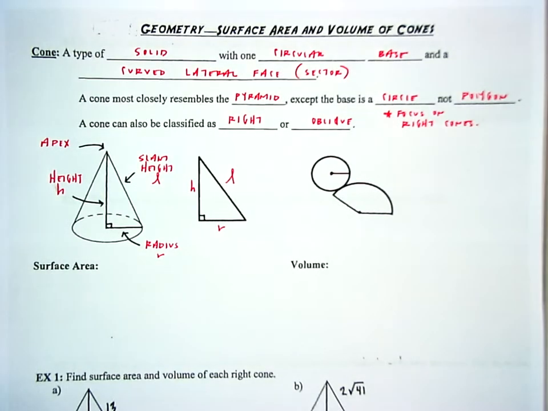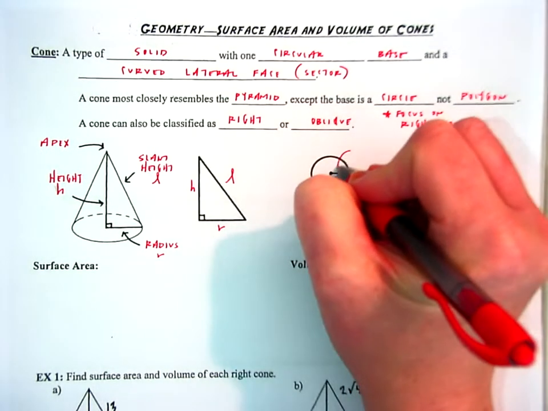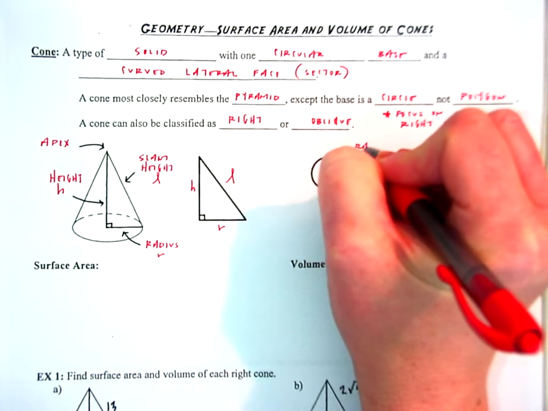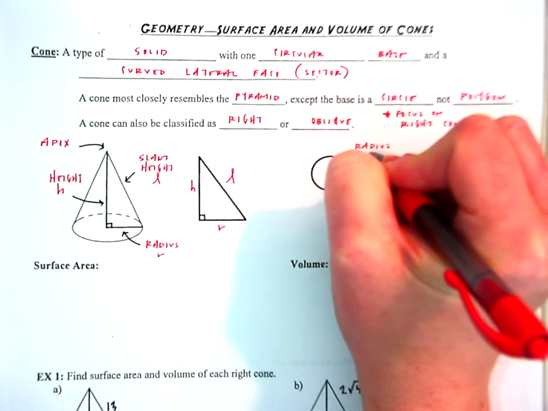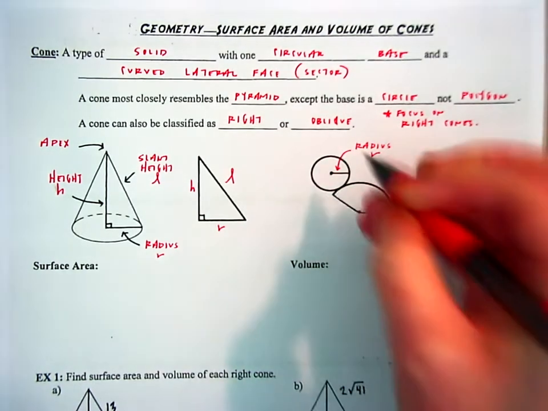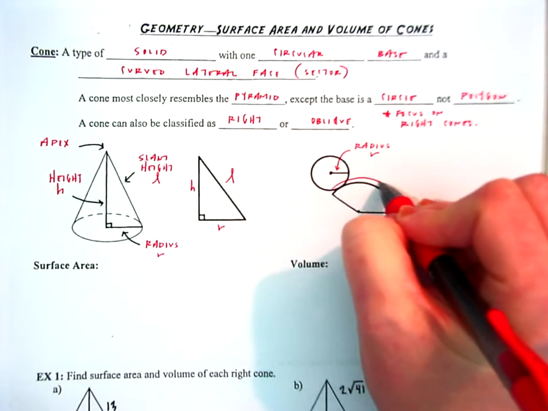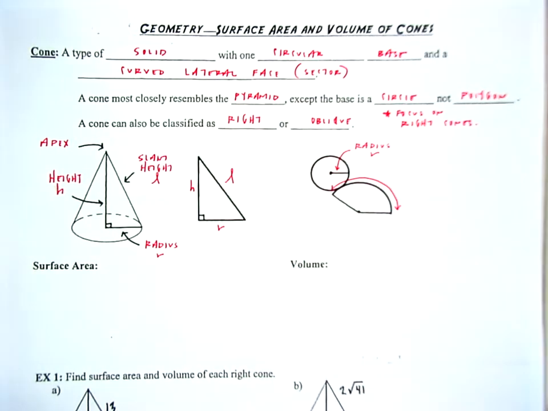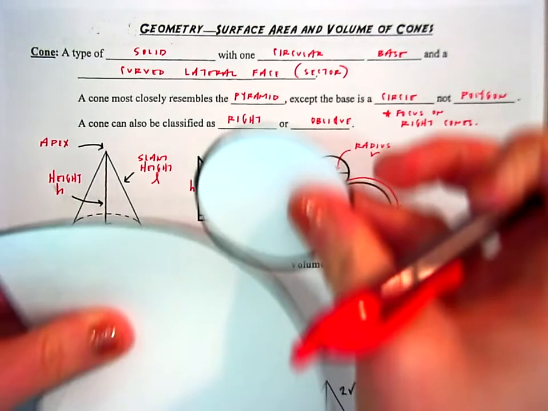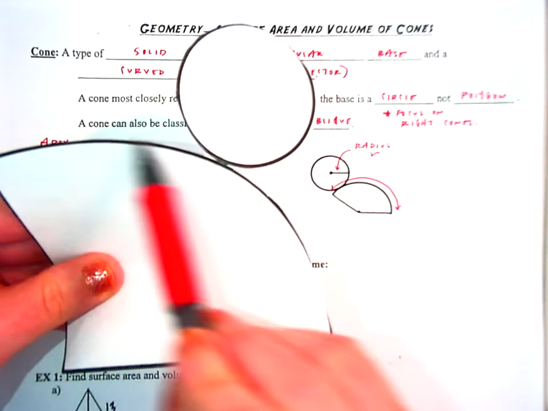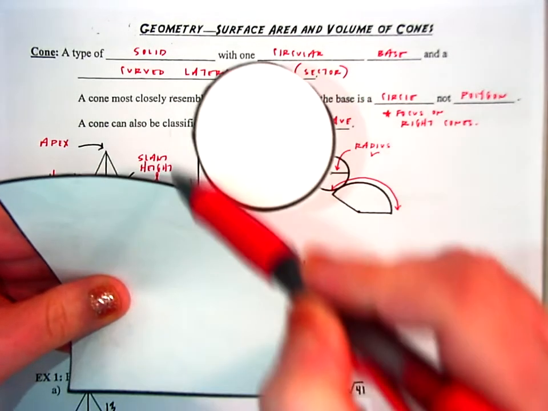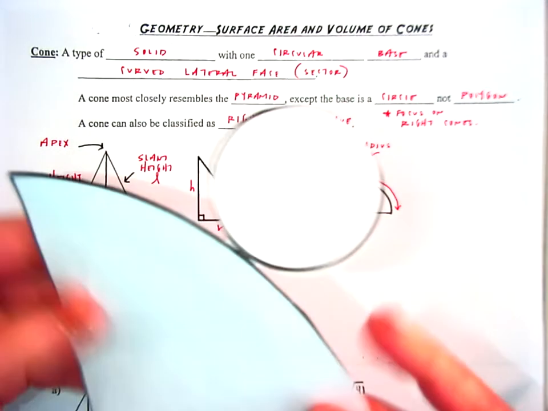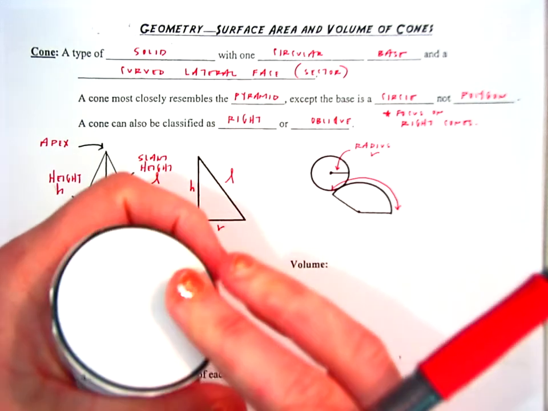So when I look at my net, here is my radius. This part from here to here, that arc length, remember that wraps around the circular base. So if I go back to my net, this part from here to here, that wrapped around my circular base. I can see right here how it does that.